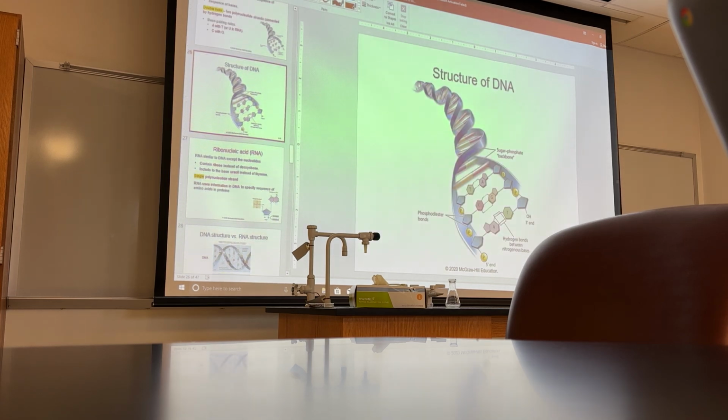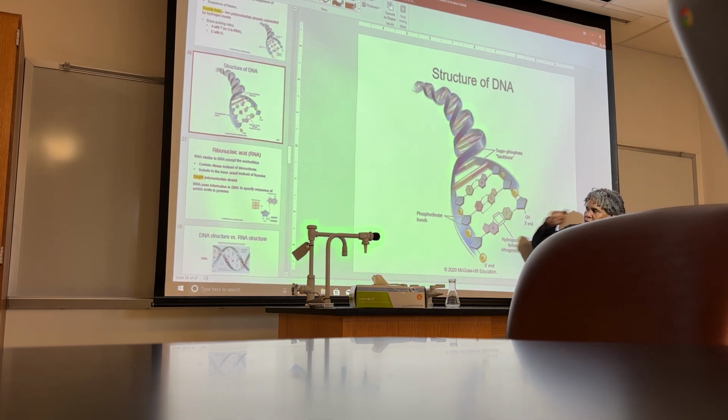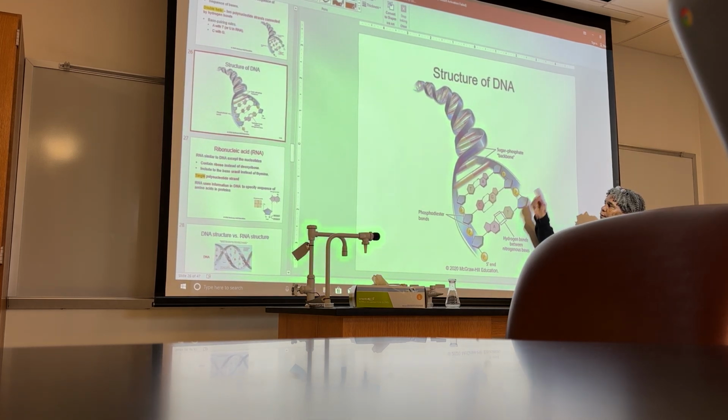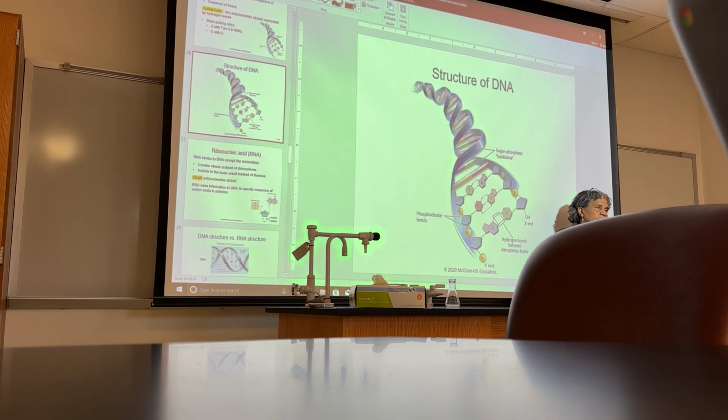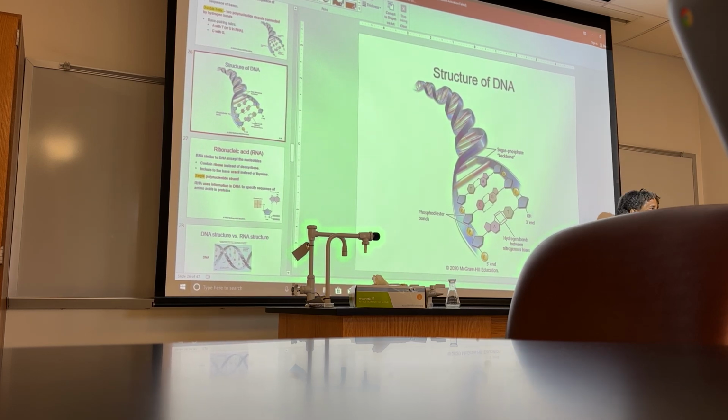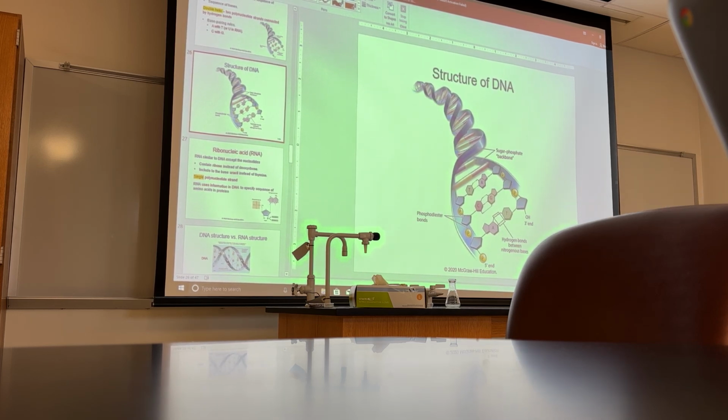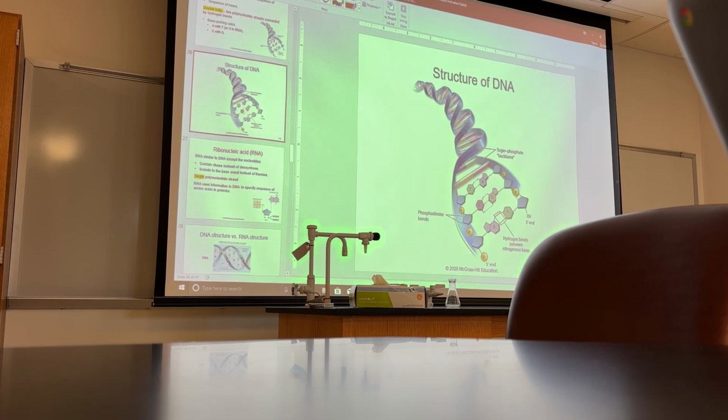Let's see, DNA is 2 strands, that's 1 strand, another strand. It's 2 strands. Now, I'm gonna get a little bit pickier towards the end of the semester when we start talking about DNA, transcription, translation, but right now I just want you to understand the fundamentals between DNA and RNA.